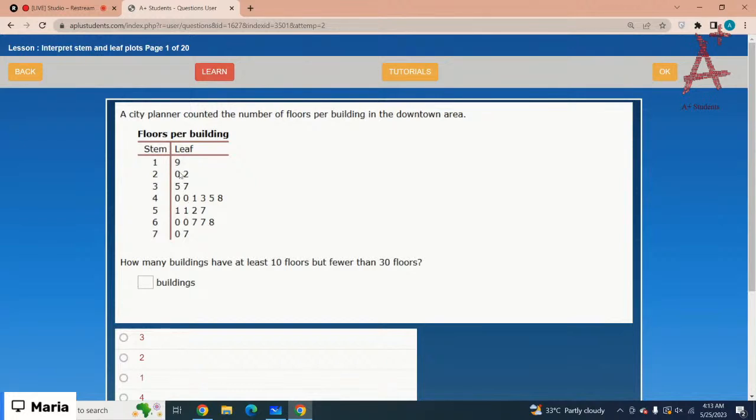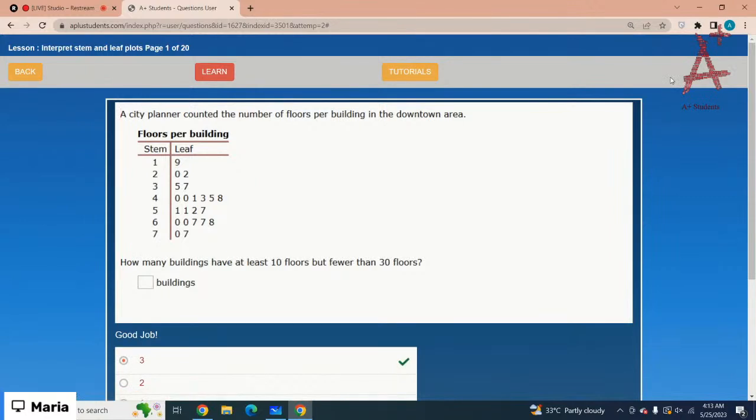You have just three values: 19, 20, and 22. You have just three values that are less than 30.